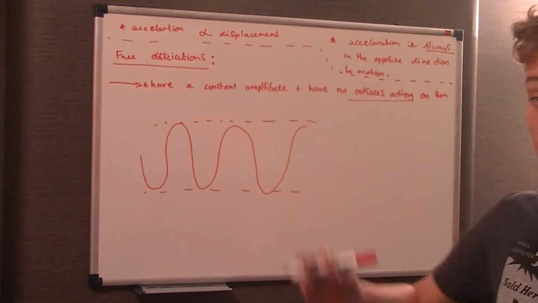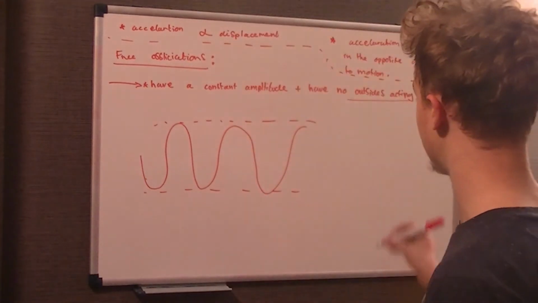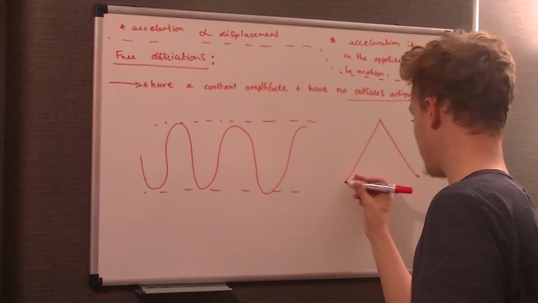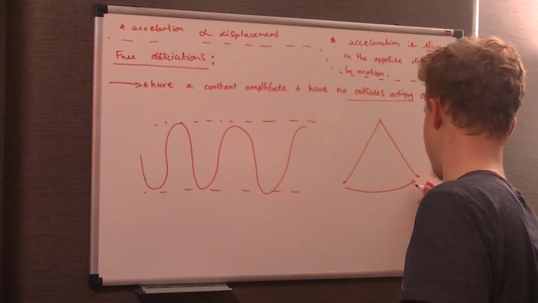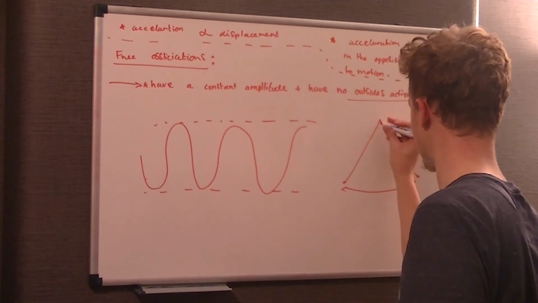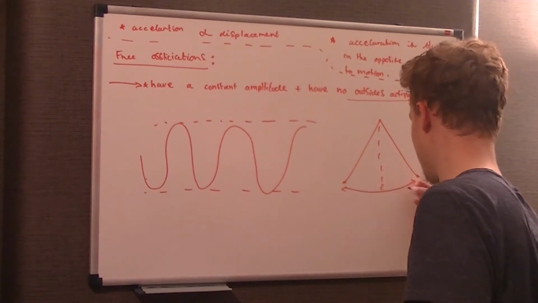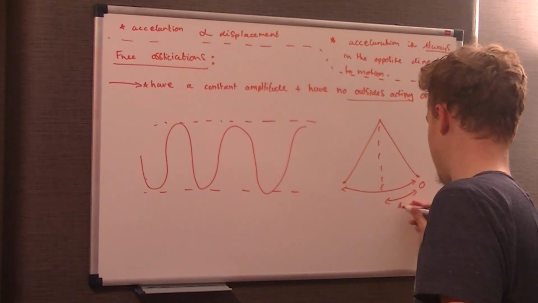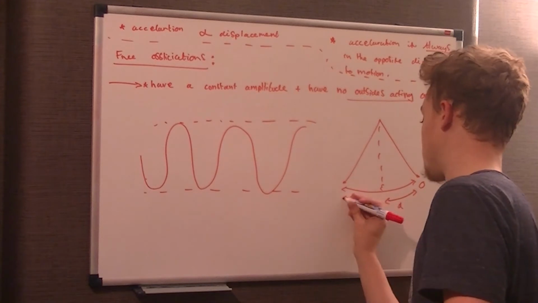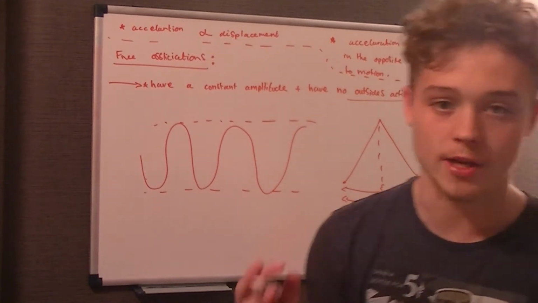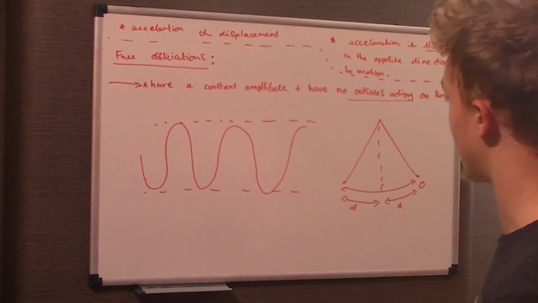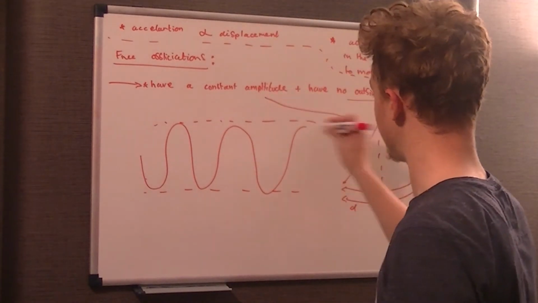If we relate this to our swinging pendulum, then the maximum displacement from the equilibrium position, if we call a little dot here E, it's going to have the same distance. So D is going to be the same on each side. So the radius is going to be the same on each side, essentially. So that's what we mean by constant amplitude.